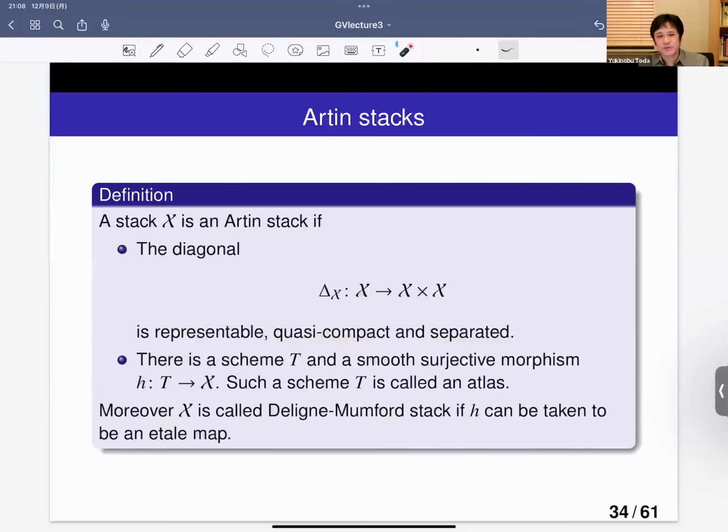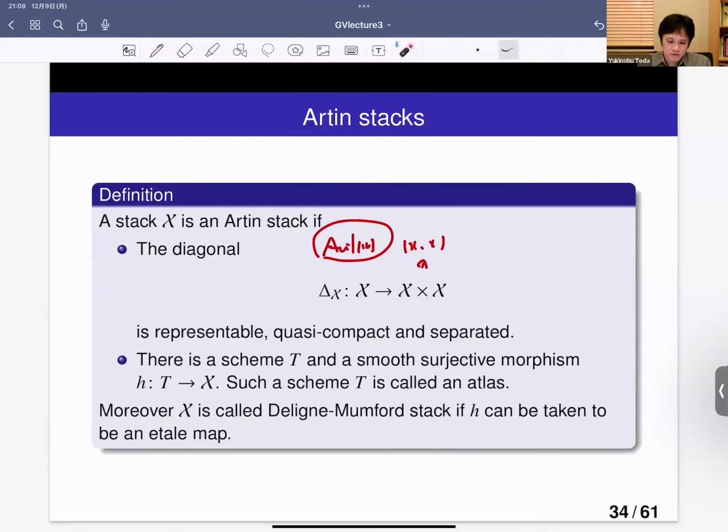So roughly speaking, this means that the fiber of this map is like the automorphism group of X. That is, the image of this map lies in, of course, the diagonal. So if you take a point of X times X, then the fiber of this map is like the automorphism group of X. So roughly speaking, this says that the automorphism group is quasi-compact and separated. That is a not very nice algebraic group.